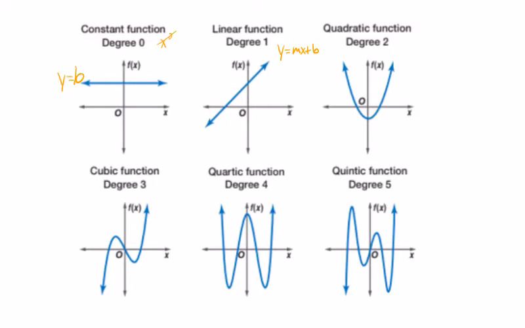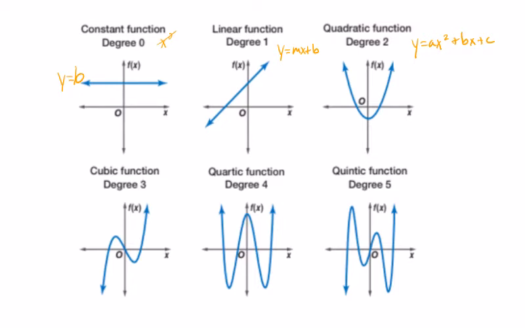And then quadratics is a degree 2. So here's where we have ax squared plus bx plus c, what we've been working with in the whole chapter 4. And so when you have a squared exponent, then you see that parabolic shape, right? Notice how it goes up on both sides. All right, so cubic, the next one, degree 3.